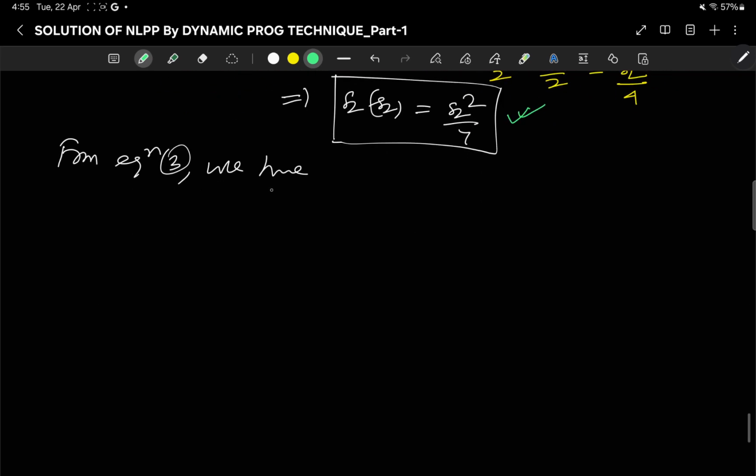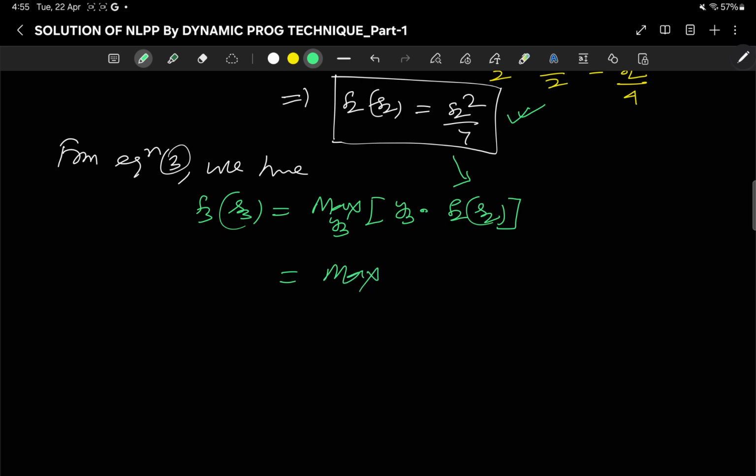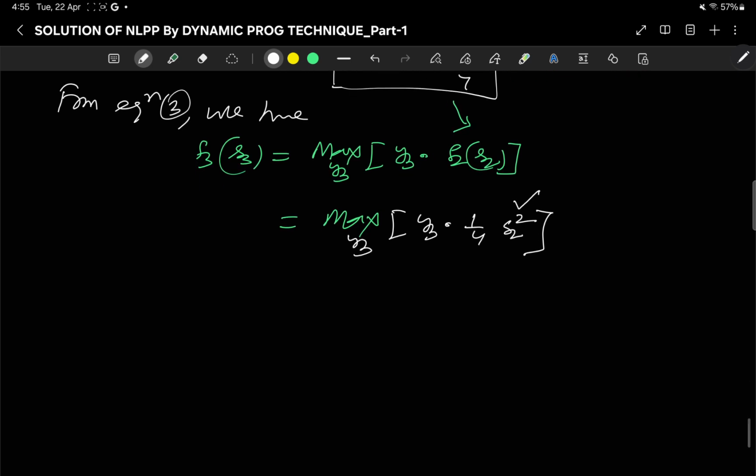Next, from equation 3, f3(s3) is equal to the maximization over y3 of y3 into f2(s2). The value of f2(s2) is 1 by 4 s2 square, and s2 is s3 minus y3.